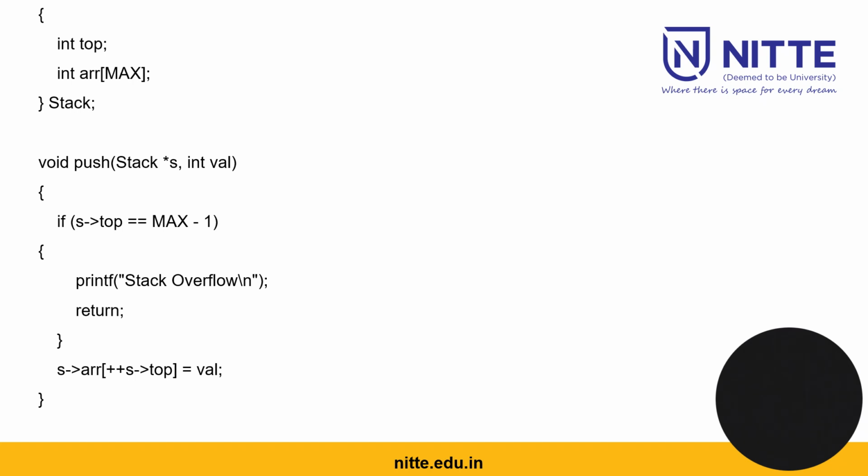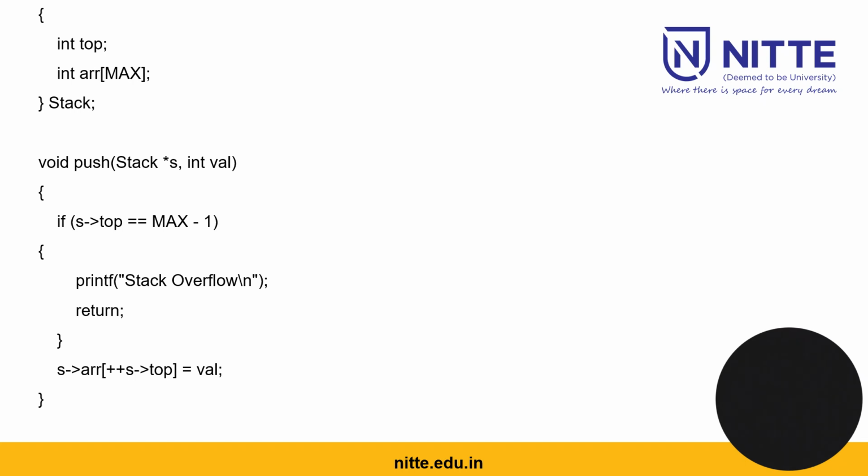Otherwise, if the stack is not full, then it has to push the value into the stack. So what it will do is increment the top of the stack by 1. Then it will point to the array at that top value, and in that index the value will be stored.